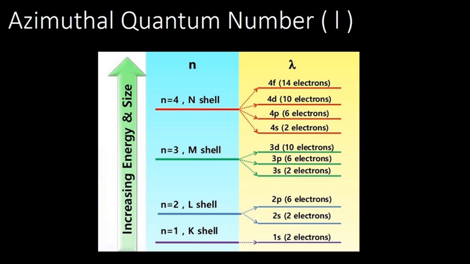So S, P, D and F. So F is 14, D is 10, then 6 and 2. So 10 plus 14 is 24, 24 plus 6 is 30, 32 electrons can be accommodated in N equal to 4. So you can calculate with N square also. When you do N square, what you get will match with this.